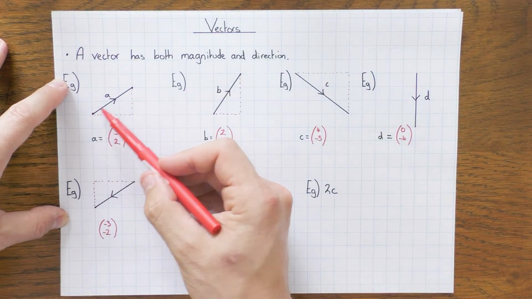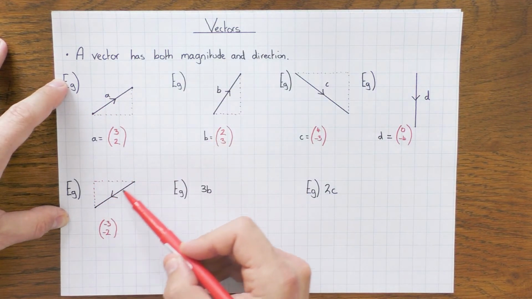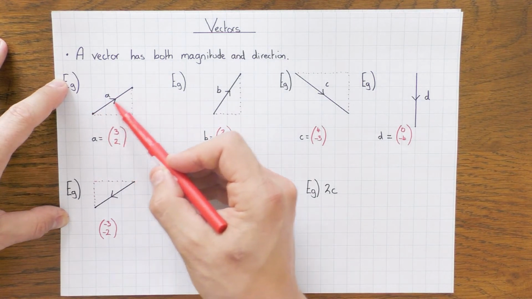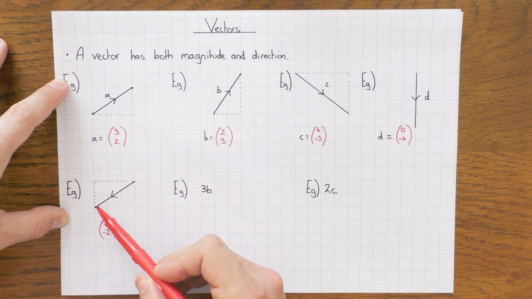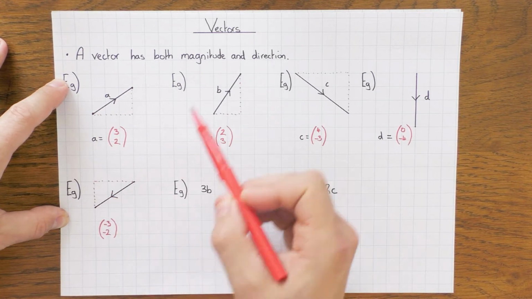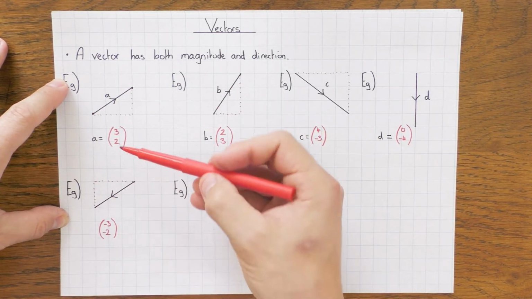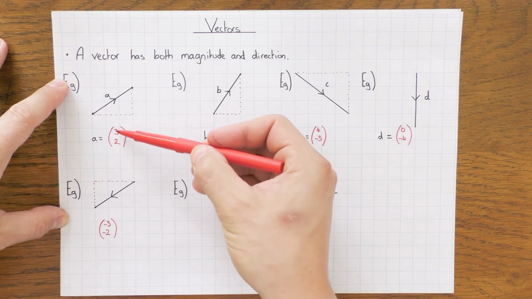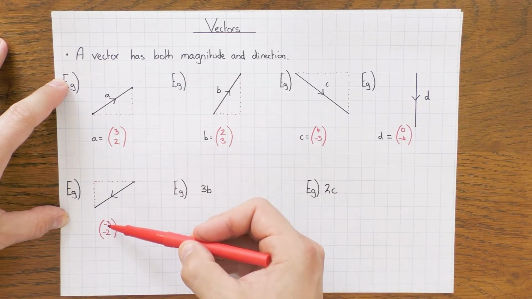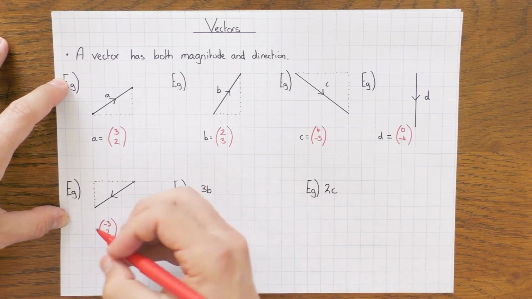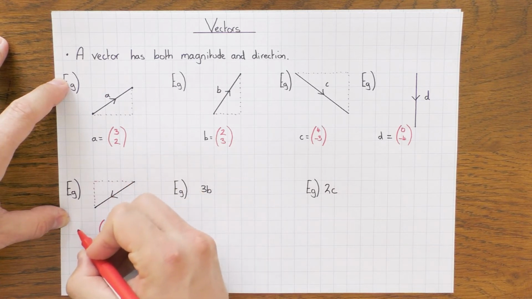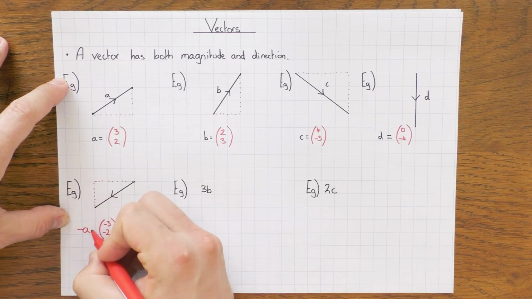You might notice it's nearly exactly the same as vector A. The magnitude, the size, is exactly the same, but the direction is different. If you look at the actual vector itself of (3, 2) for A, we've made everything negative, so (-3, -2). To label this, we say that's -A.